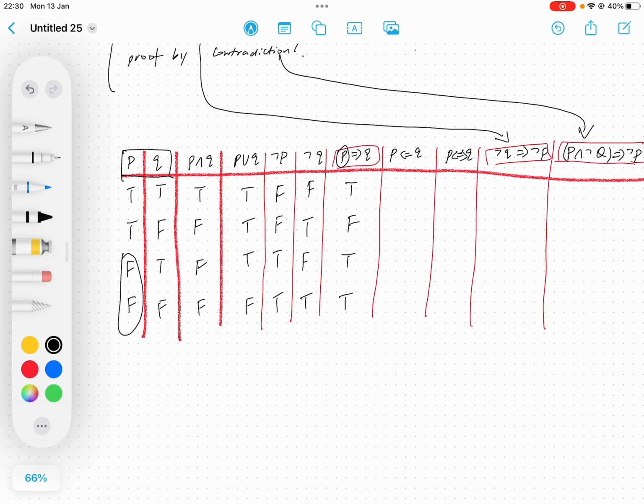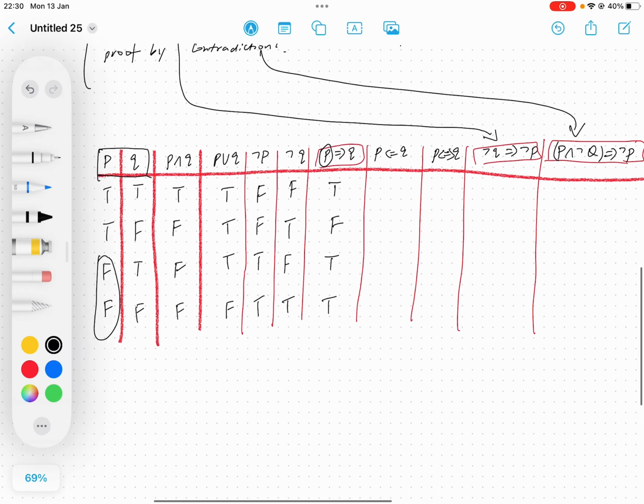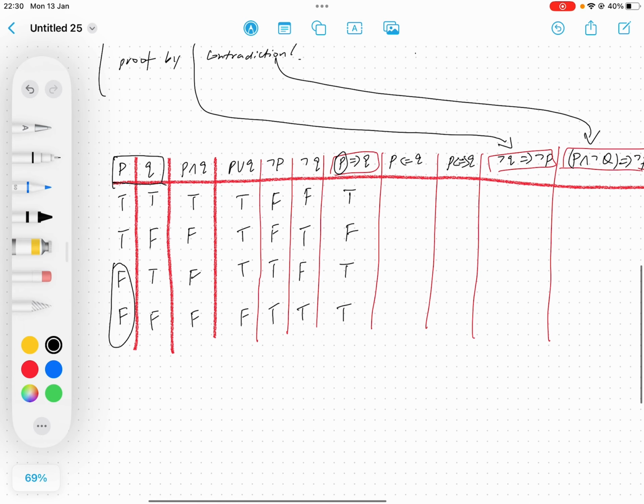This simply means that our original assumption or ground condition doesn't exist anymore. So if P is false, it doesn't matter whether Q is true or false, because we do not have a true P as our starting point.